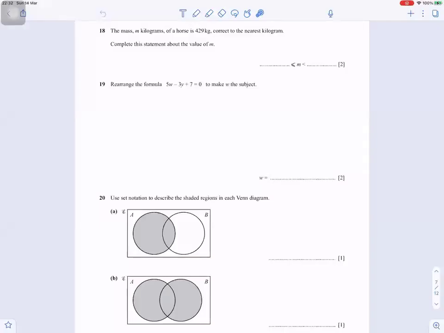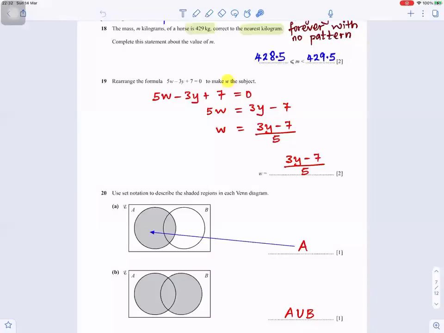Question number 18, 19, and 20. Question number 18. The mass m kilograms of a horse is 429 kilograms, correct to the nearest kilogram. Complete the statement about the value of m, which represents the mass. So the smallest mass could be 428.5, because you can round that up to 429.